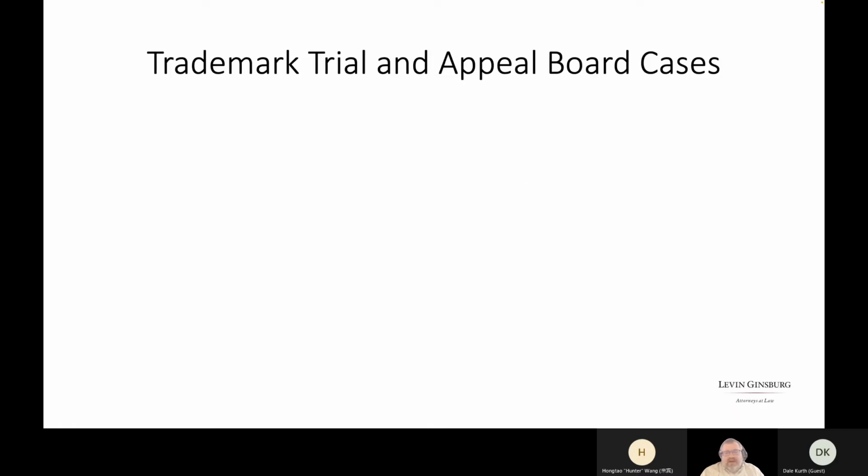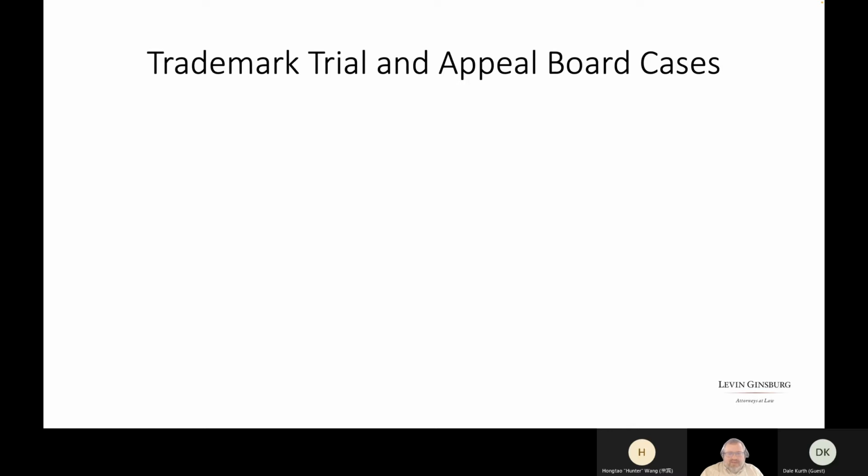So today, we're going to be focusing on some cases that were decided in the last year by the Trademark Trial and Appeal Board, that had a likelihood of confusion element and were found to be precedential by the TTAB. What that means is that these are cases that can be cited in other decisions.